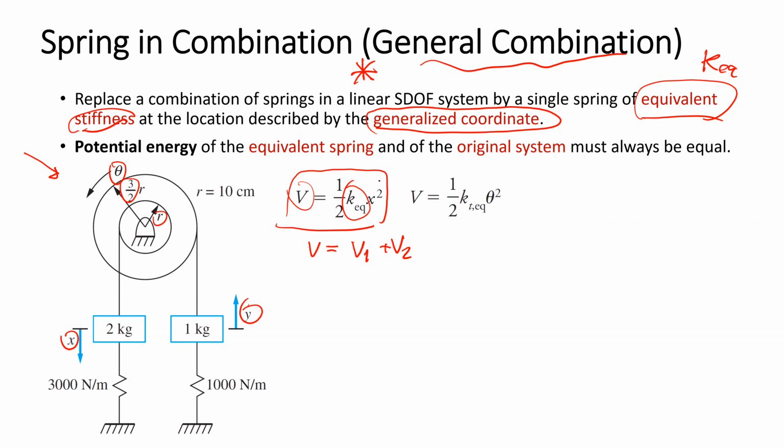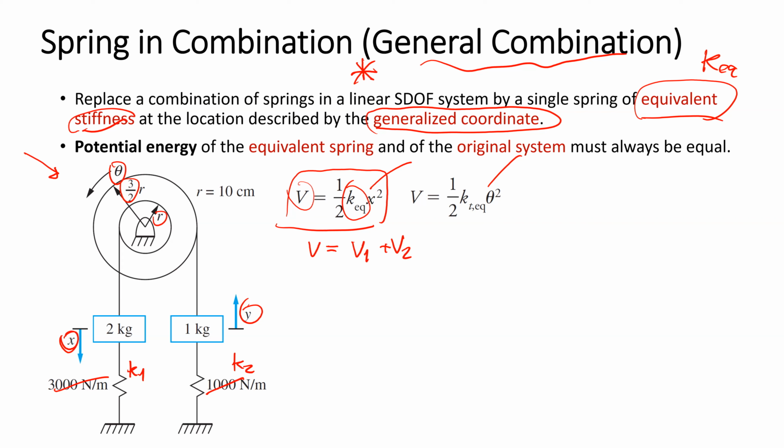In this case, we may select x or theta as a generalized coordinate. If I select x as the generalized coordinate first, maybe this is K1 and this is K2.